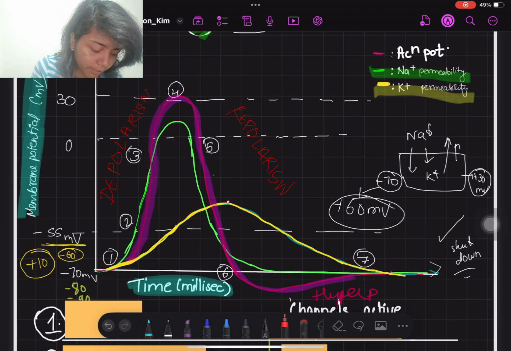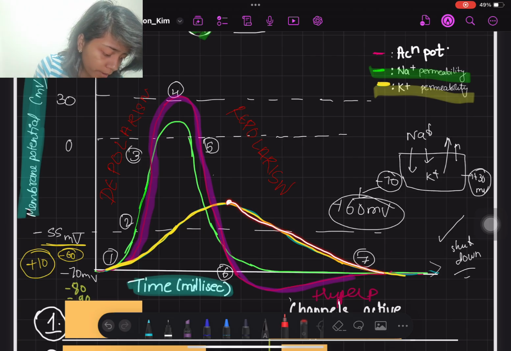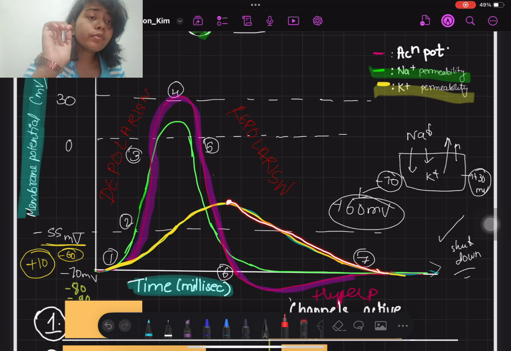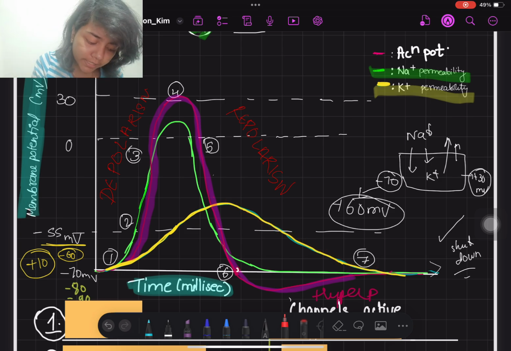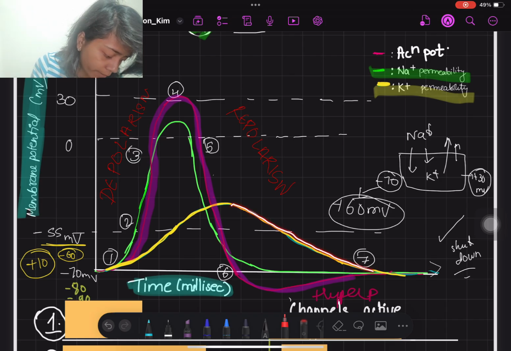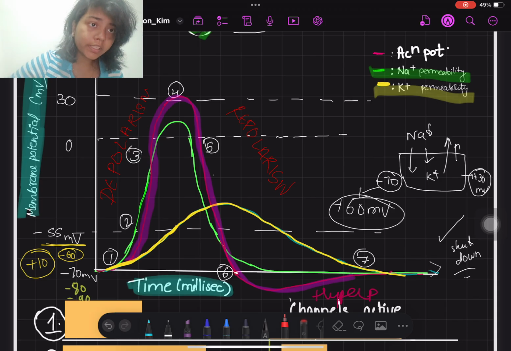It was going to shut down, but because the permeability of the membrane to potassium falls slowly, the signal is given that potassium, now you have to close your gates. But because the permeability is lost slowly, the potassium gates are trying to get closed, but they will get closed at minus 90 millivolts. But what was our aim?